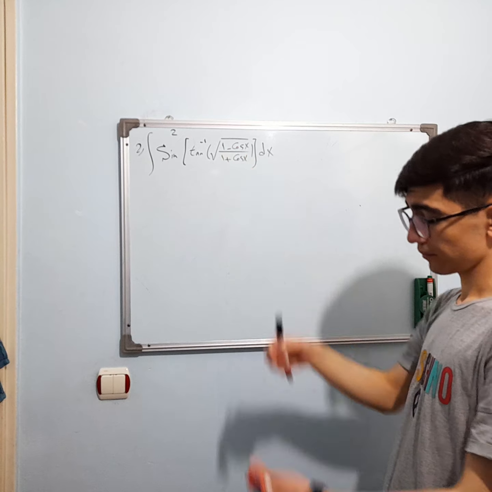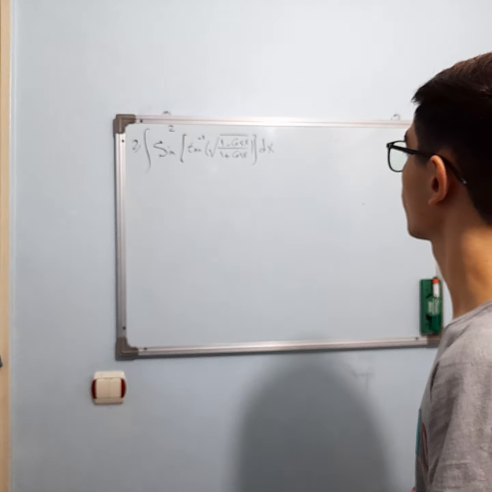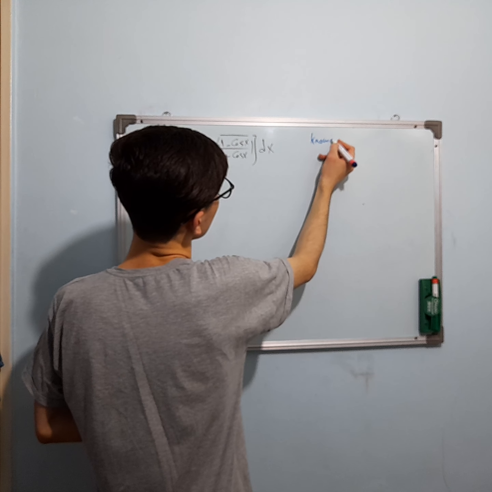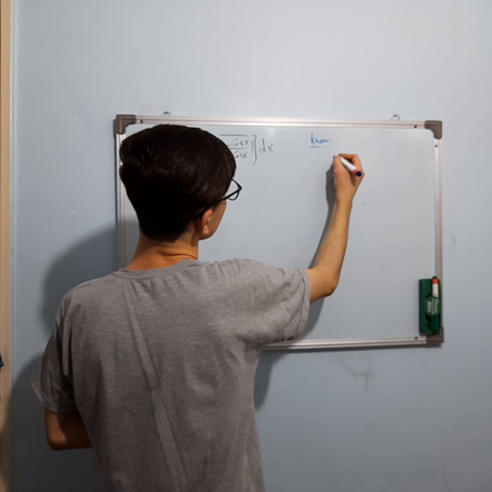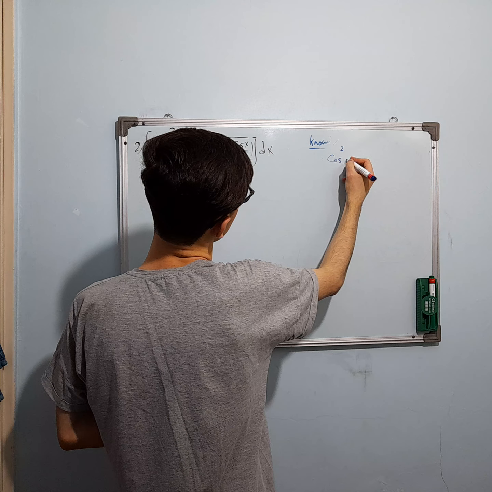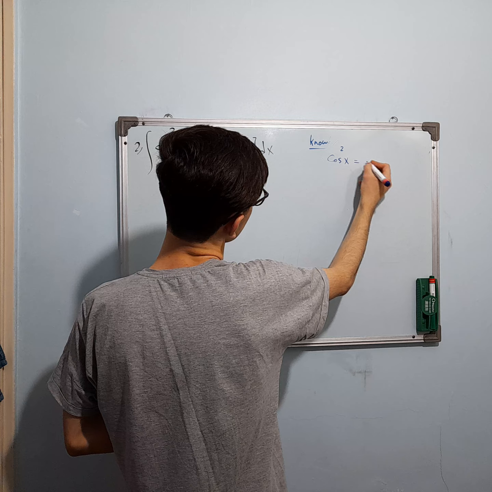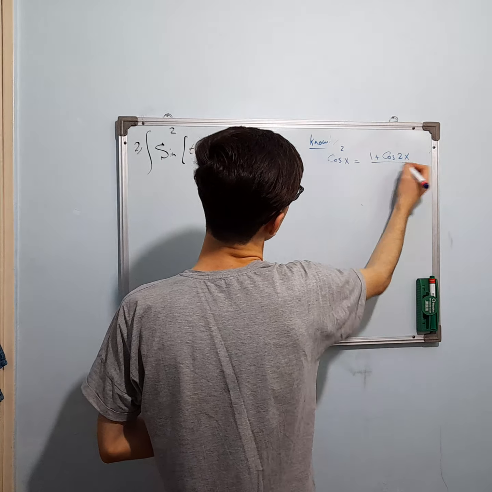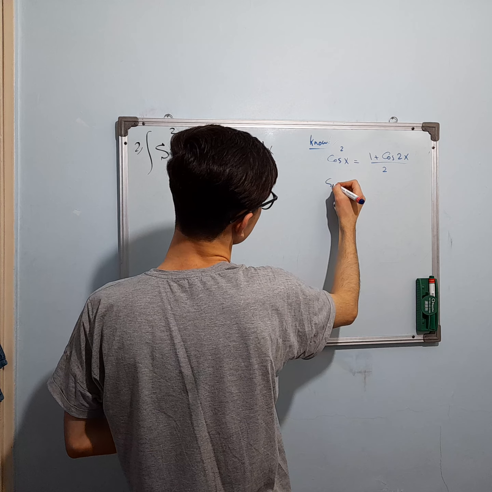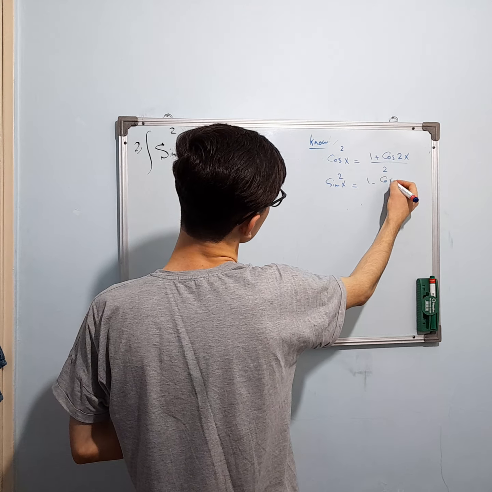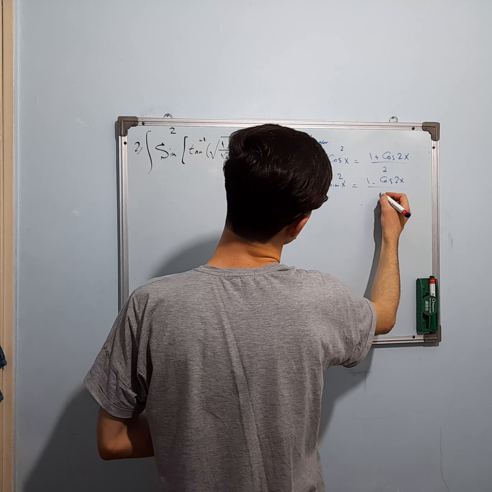Like here, we know that cosine squared of x is (1 plus cosine 2x) over 2, and sine squared x is (1 minus cosine 2x) over 2.